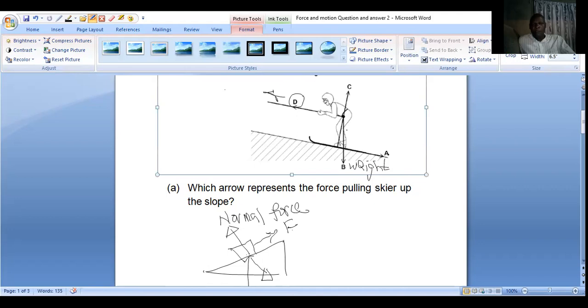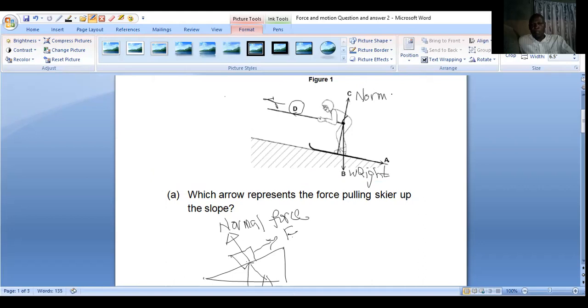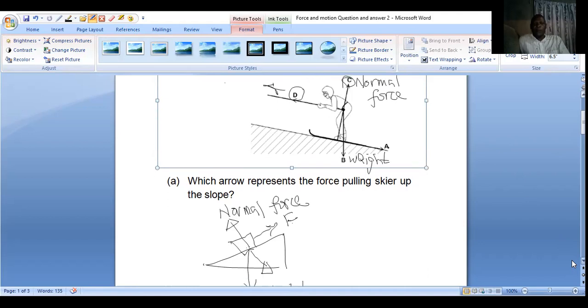And then perpendicular to the plane, we are going to have the normal force. And so the normal force in this case is C.